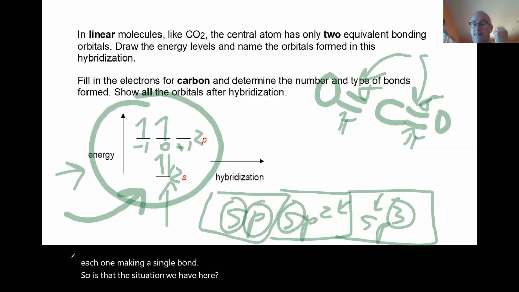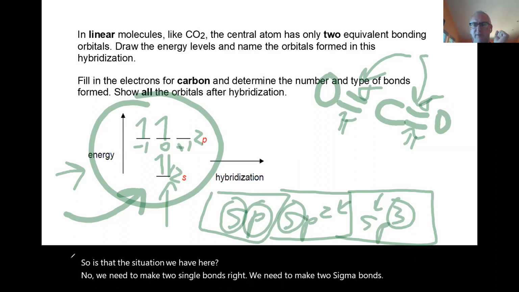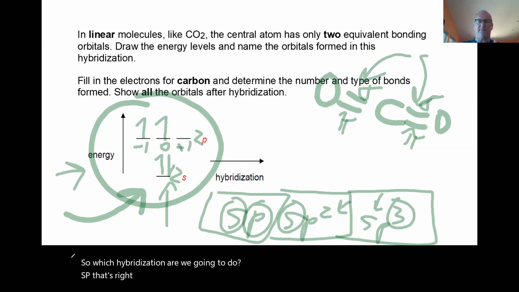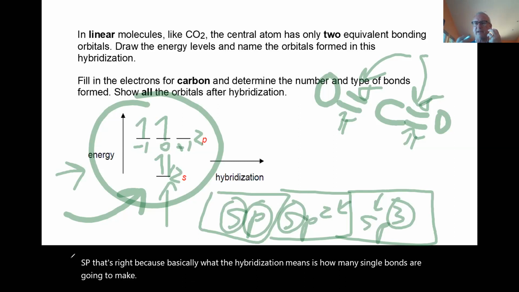No, we need to make 2 single bonds, right? We need to make 2 sigma bonds. So which hybridization are we going to do? SP, that's right, because basically what the hybridization means is how many single bonds are you going to make, and lone pairs.